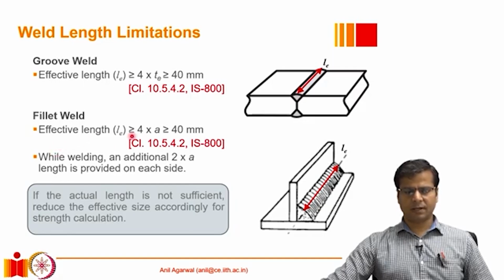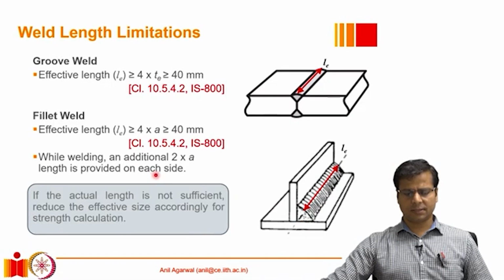If it is a fillet weld, again a similar requirement is there. In a fillet weld, instead of using the throat thickness, which was actually the equivalent of throat thickness of the groove weld, the requirement is that the weld length should be at least 4 times the weld size. So weld size is A, which is this dimension, 4 times that, at least that should be the length of the fillet.